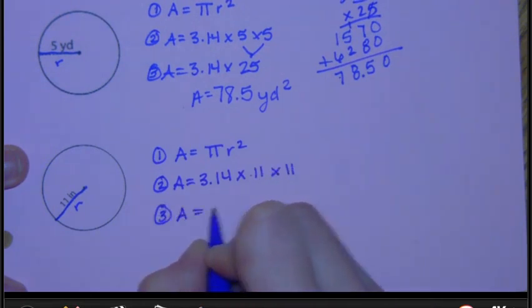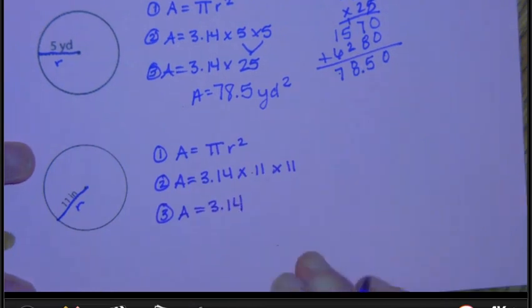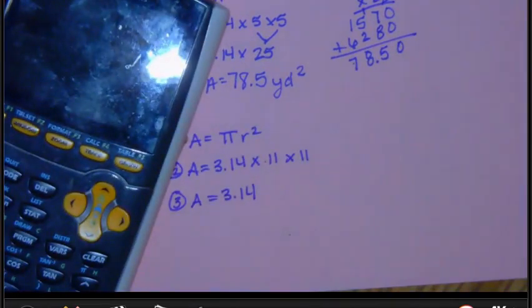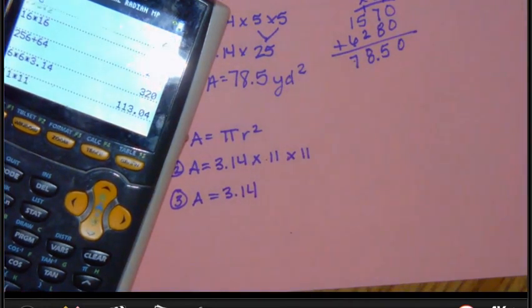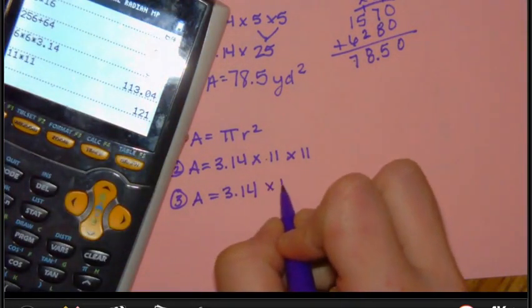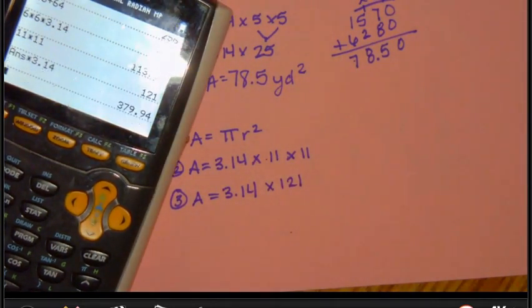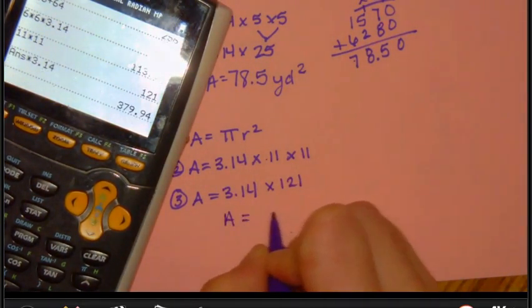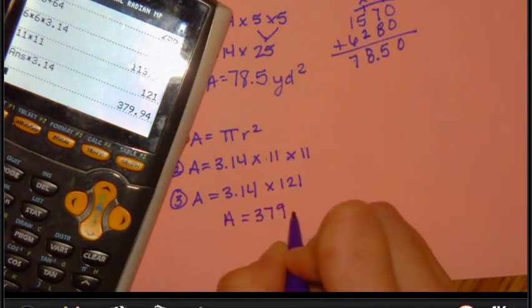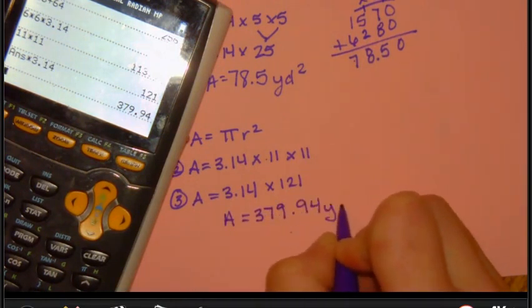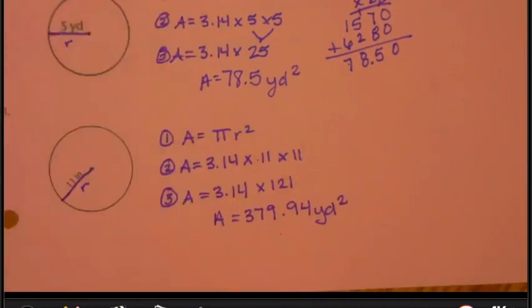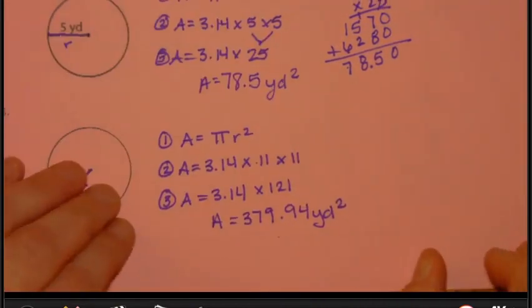Step 3, area is equal to 3.14, and I'm going to use my calculator to help me. 11 times 11 is 121 times 3.14 and I get an area of 379.94 yards squared.